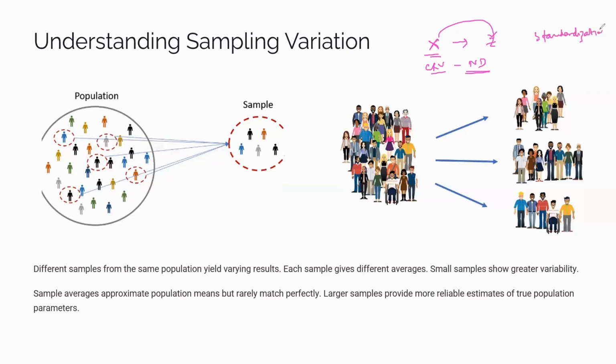This basically will allow us to map the values of the x-axis to the z-axis. And once we have the respective value from the x-axis mapped to the z-axis, using the z table, we will be able to identify the area under the curve with respect to that specific value.